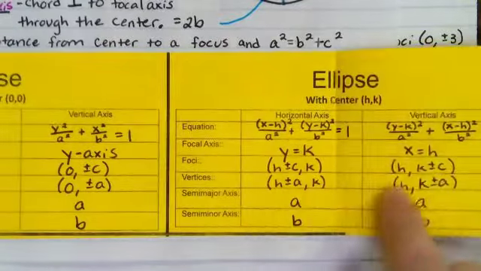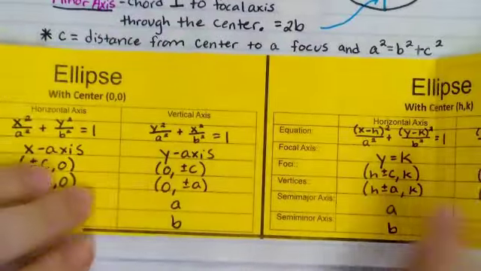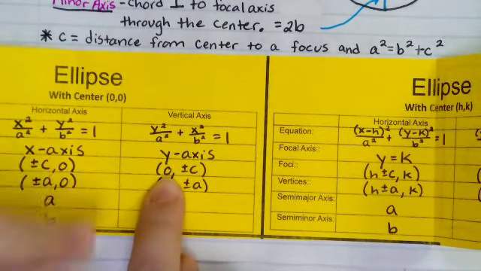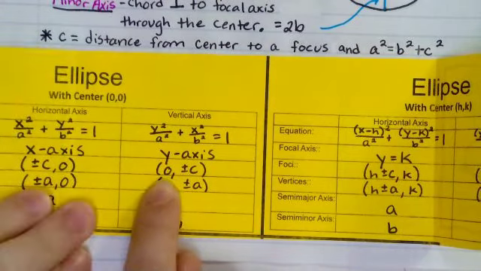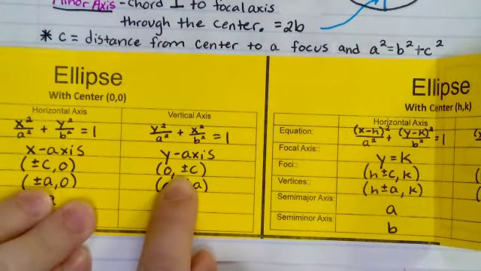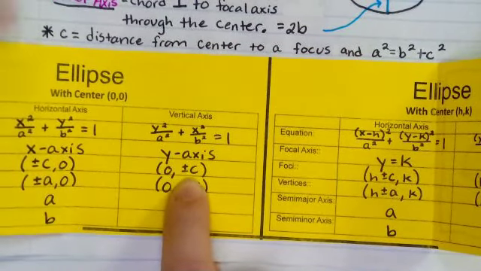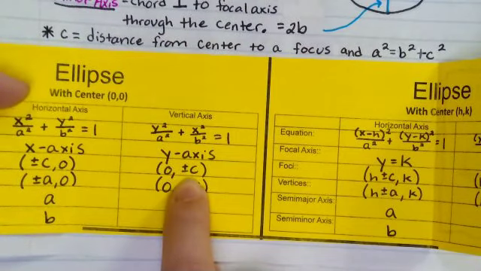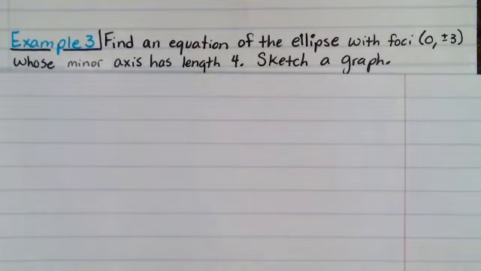And so my center being in a different location, I don't think that's the case. I think it's going to be at 0, 0, because the foci that they have listed more cleanly matches here, the 0 plus or minus C. So that actually just gives me the C value by looking at what they've given. I can see it's going to have a center at 0, 0. I know it's going to have a vertical axis, and I see the C value just from seeing those foci.